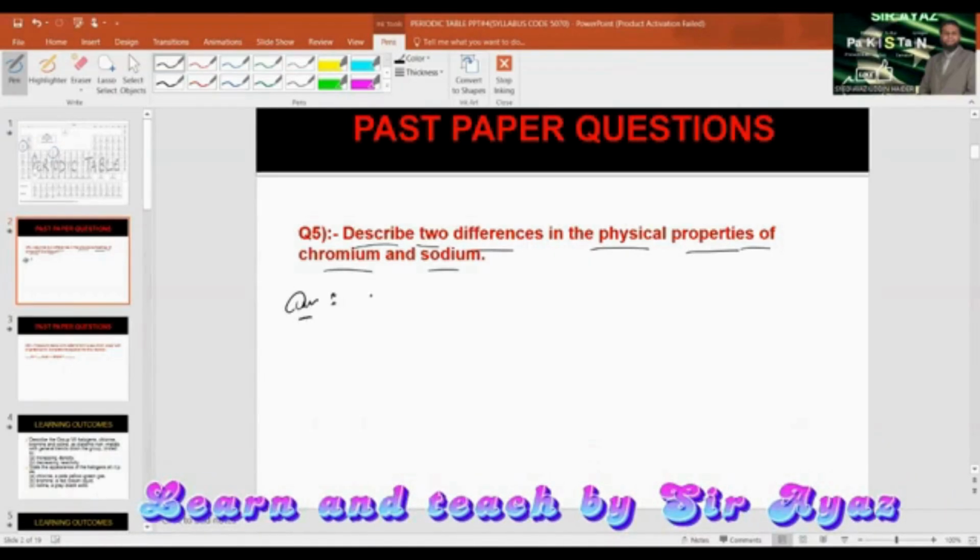For instance, if you write for chromium, chromium is hard.